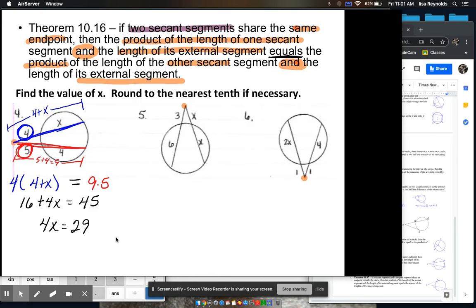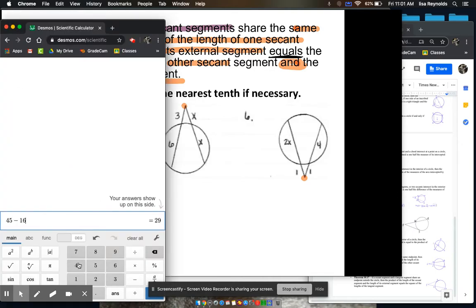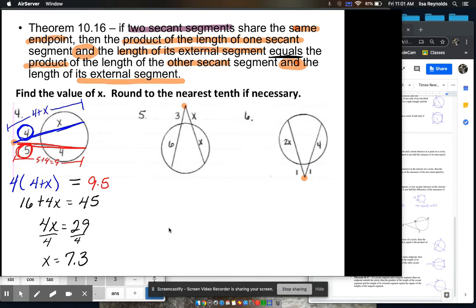And then we're going to divide by 4. 29 divided by 4 is 7.25, which is going to round to 7.3.